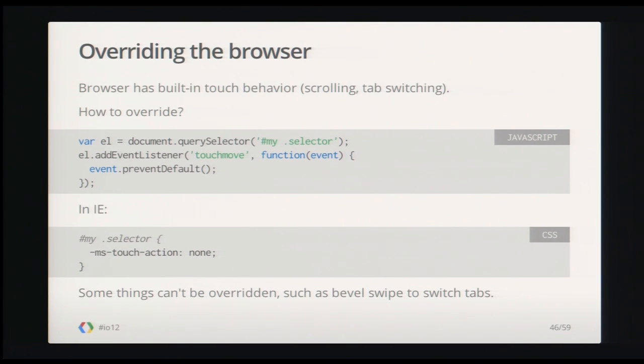And you can override some of these behaviors using the event prevent default call in JavaScript. In IE, it's a little bit different. You can specify MS touch action none. This is IE 10. And you can even specify which specific kinds of interactions to disable. So you can say, or enable no touch interactions by default, or you can say only enable pinch zooms or only enable scrolls.